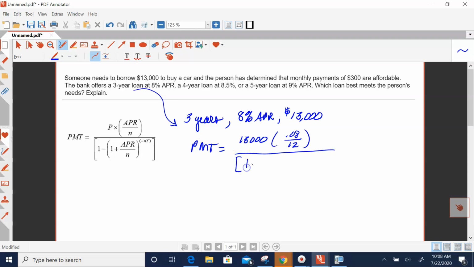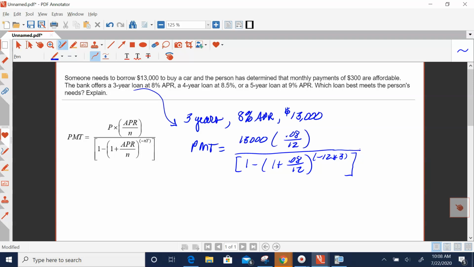In the denominator, we have 1 minus (1 plus 0.08 divided by 12) raised to the negative 12 times 3, for 3 years. So we've got all the values into play here.